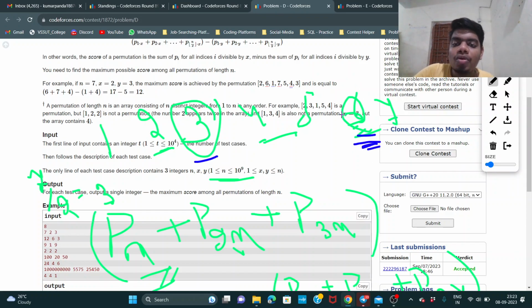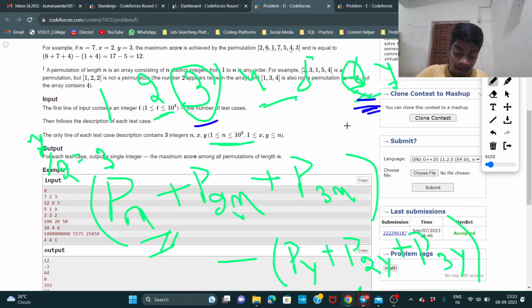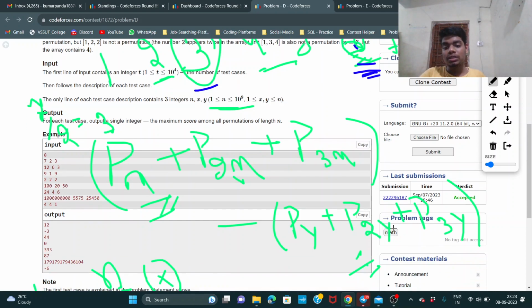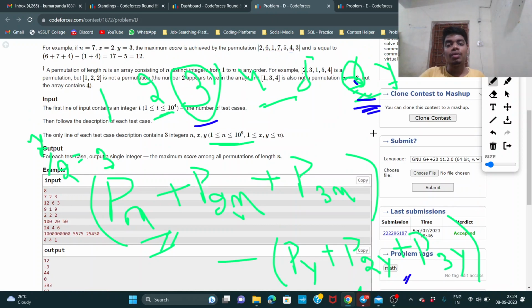We do not have to consider this, because if we put the maximum value in this position, then this value will get cancelled, since this position's value also has to be considered in the second part. So we do not have to consider this part, we just have to focus on increasing the rest.